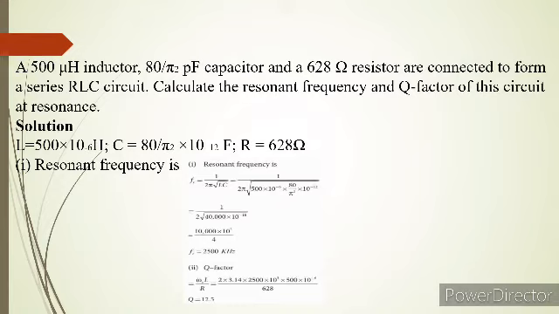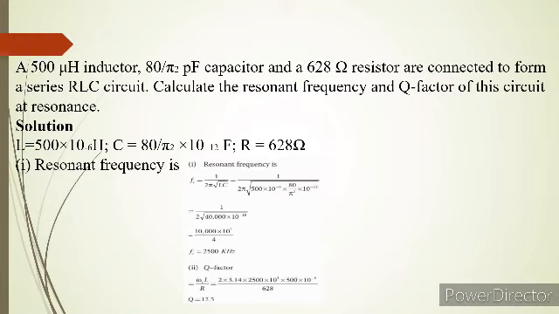Micro means 10 to the power minus 6, and pico means 10 to the power minus 12. So the capacitance is 80 by pi squared into 10 to the power minus 12 farads, and 628 ohms of resistor. We have to find the Q factor and the resonant frequency.